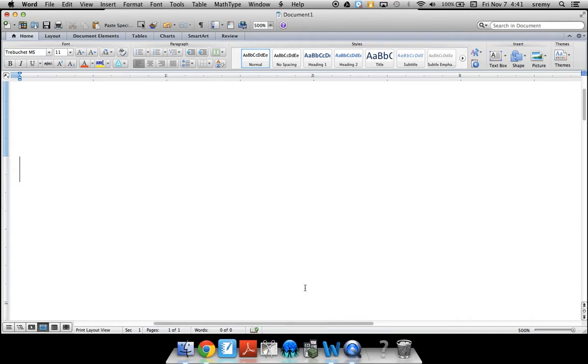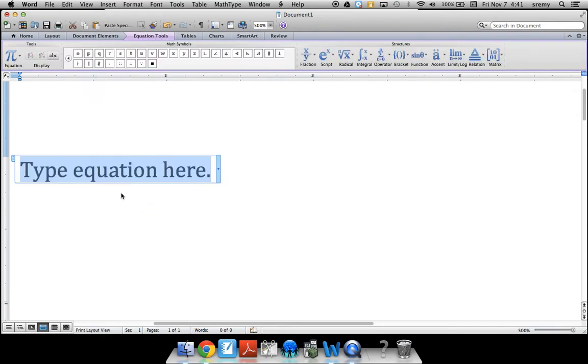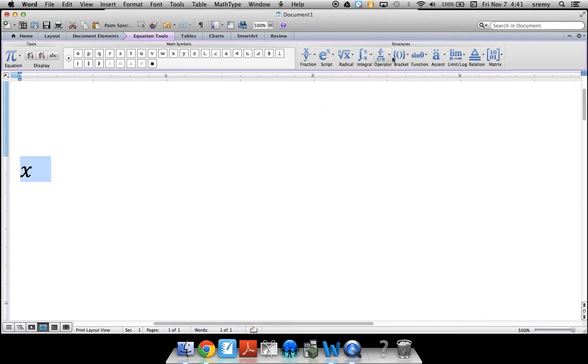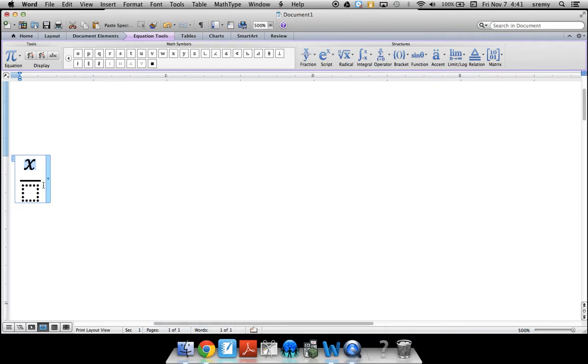Now, let's take a look at a second example. A second example of a proportion will be pretty easy because we just talked about fractions. So you go to Insert, Equation, and I'm going to start with x. Now if I make this a fraction, remember it's going to become the numerator.